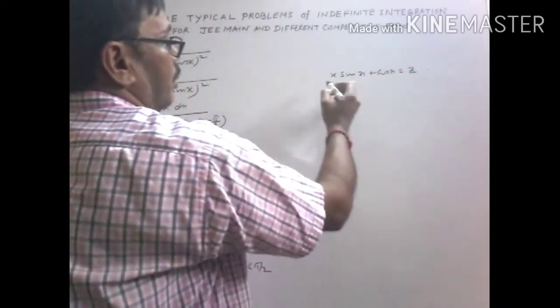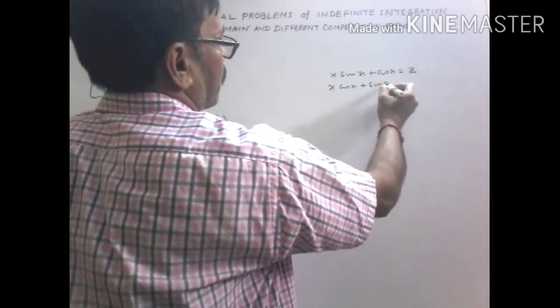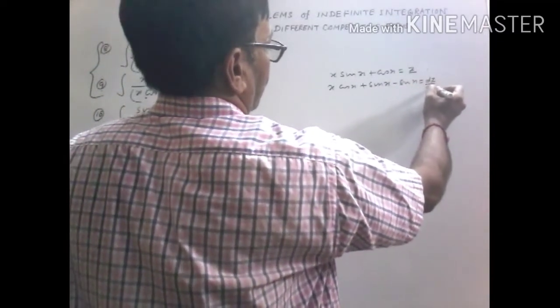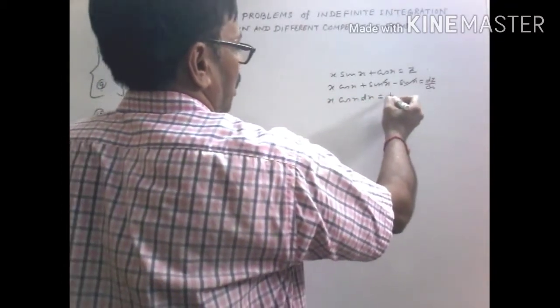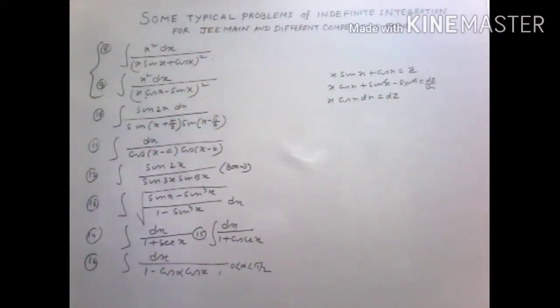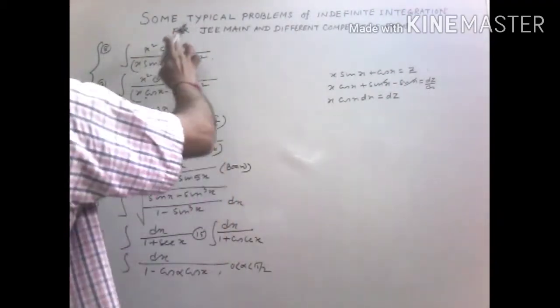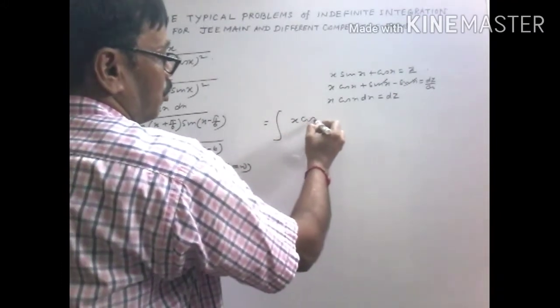If we put this as z, so what is the derivative? x cos x plus sin x minus sin x equals dz by dx. So x cos x dx equals dz. So we can integrate x cos x by this, but here it is x square. So we are writing it in this form.